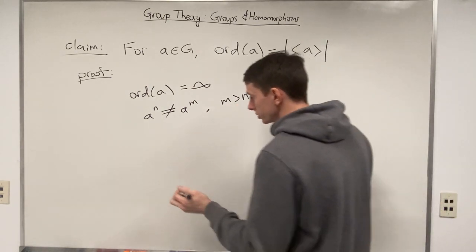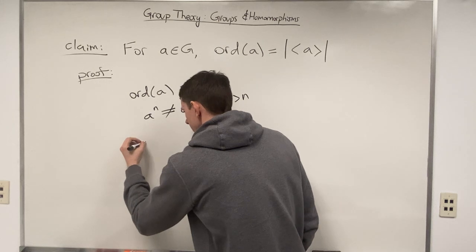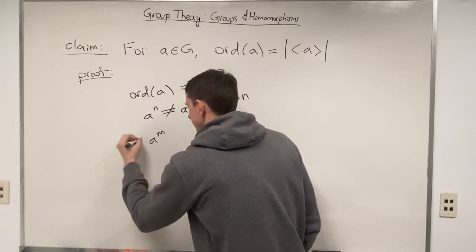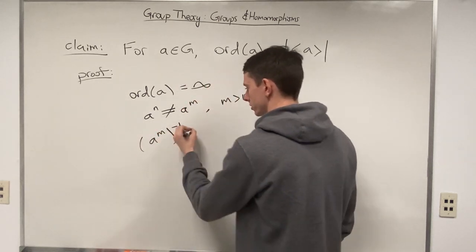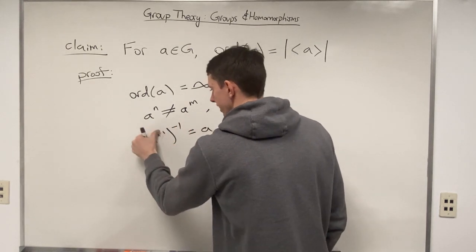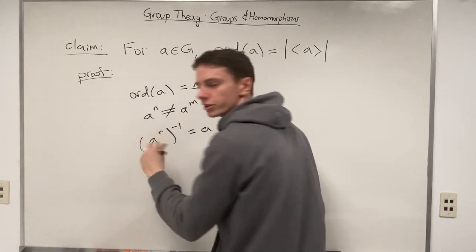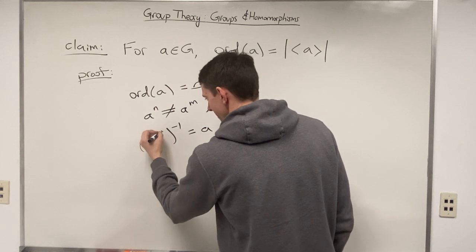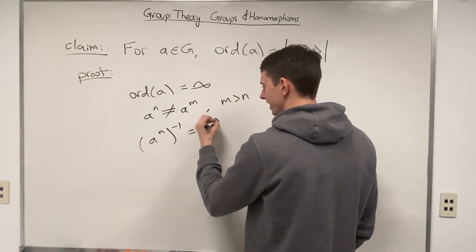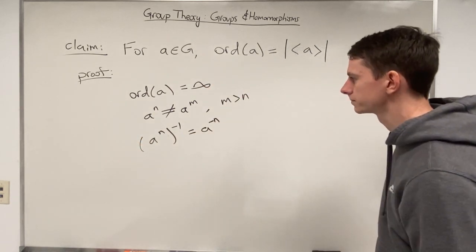Then what we could do is say that a to the n inverse, it really doesn't matter, is a to the minus n, like this.